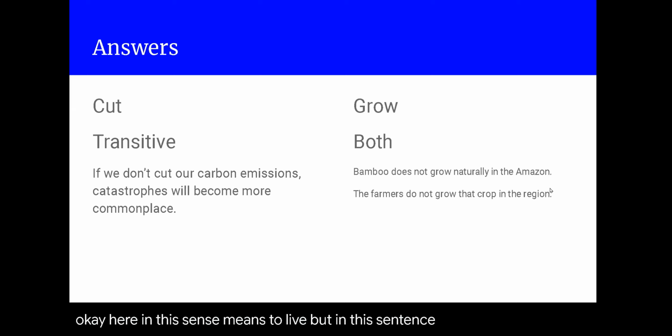But in this sentence, grow means to farm, or to cultivate. The farmers do not grow that crop in the region. There, that crop is the object.